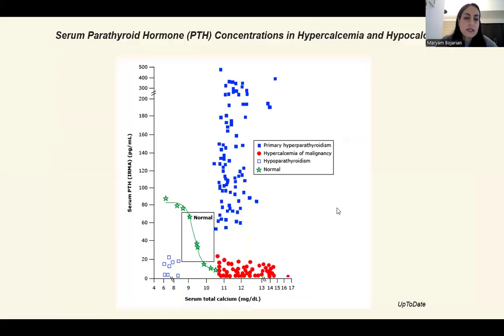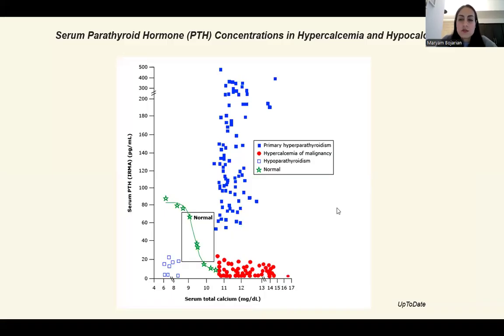Okay, basically this is the same idea. This shows the serum PTH concentrations according to the serum total calcium concentration in various diseases. The normal range is shown in the white box, and the sigmoid curve, which is the green star, is derived from a calcium citrate infusion protocol administered to 38 normal subjects.